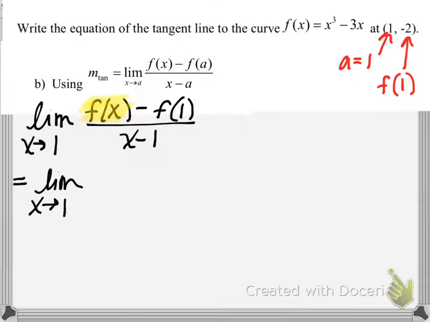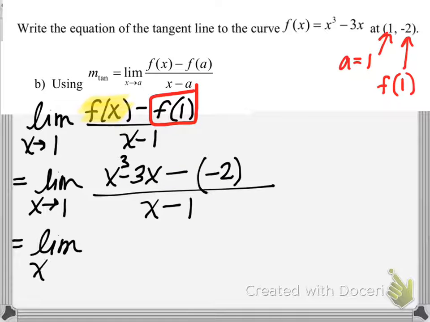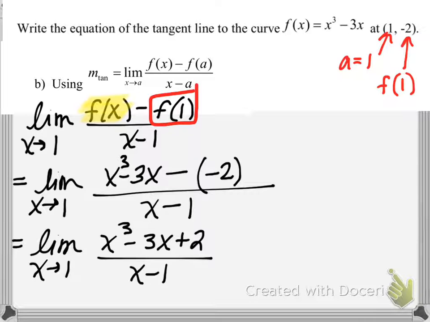So the limit as x approaches 1, the function was x cubed minus 3x, minus, we also know the value of f of 1, that was the y value of our coordinate, so we'll subtract a negative 2, all divided by x minus that a value again, which was 1. So this limit will be the limit as x approaches 1 of x cubed minus 3x plus 2, all divided by x minus 1.